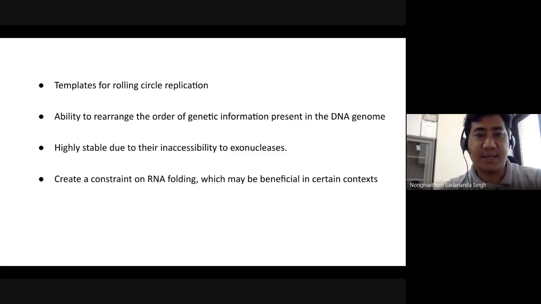What that means is that circular RNAs are going to be more stable inside the cell or in the environmental setting.